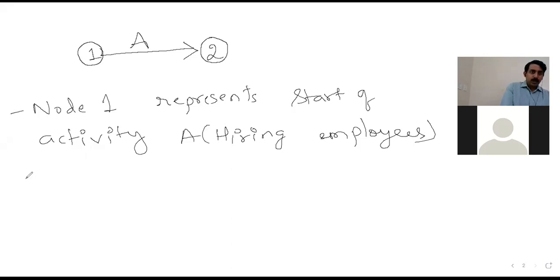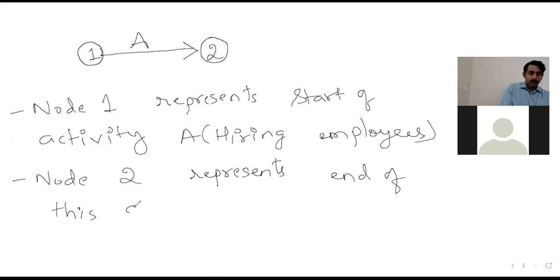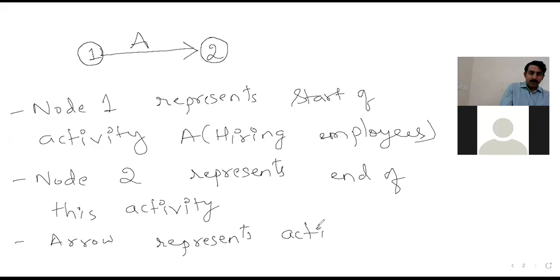Node 2 represents the end of this activity. And the arrow represents activity A.